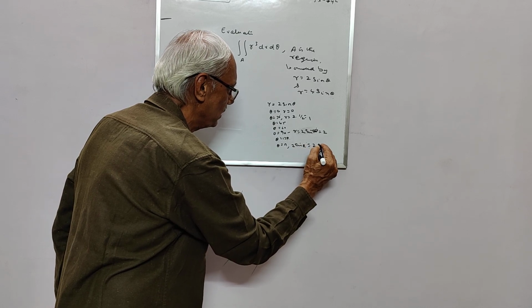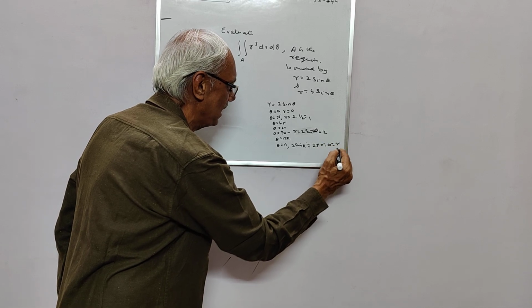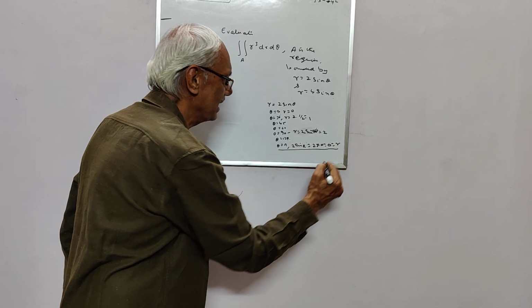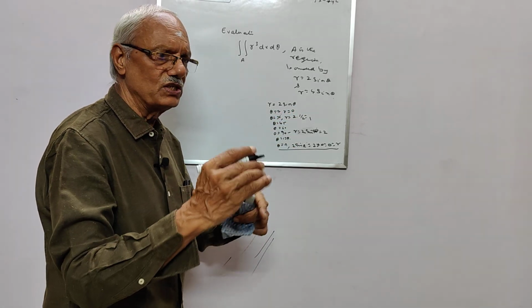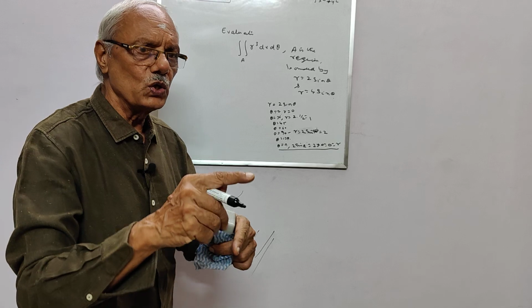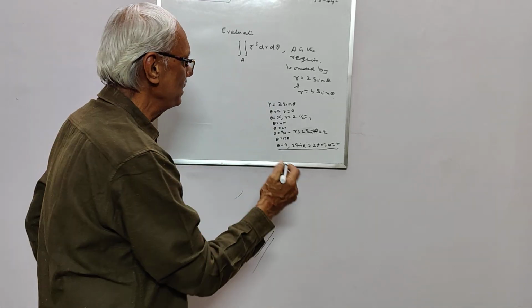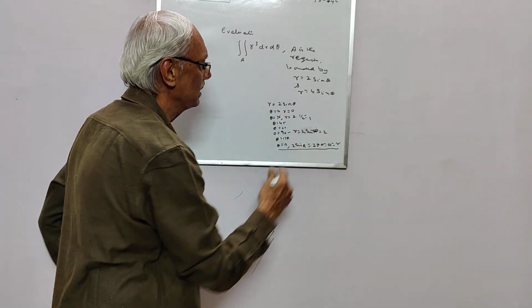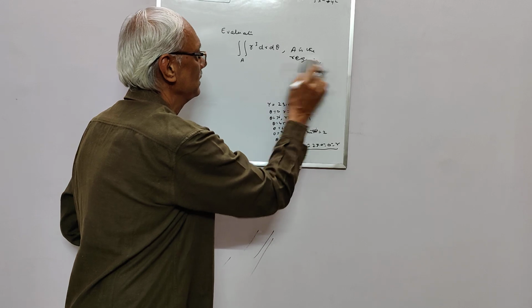So this is 2 into sine 180, which is 0, that is the r value. So you see that by giving values for theta from 0 to pi, you are able to get the full circle described. See how it is done here. I will draw it.